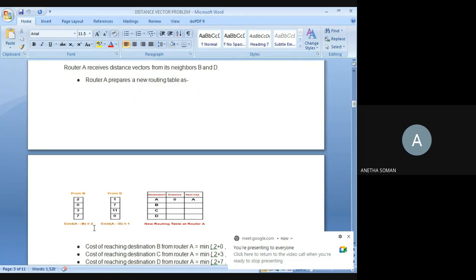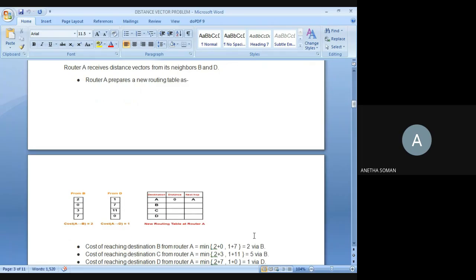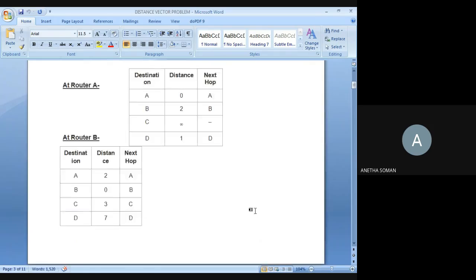It is equal to 2, right? Now, 2 plus the first value from router A. You look at your column, because here it is written in a slightly confusing way. So look at your notes and tell me. The first value you have to add up, right?